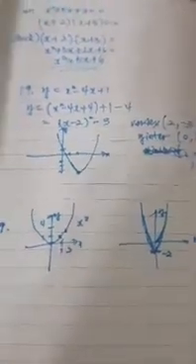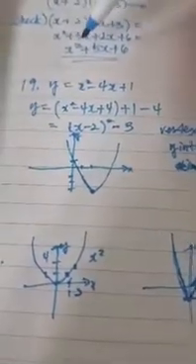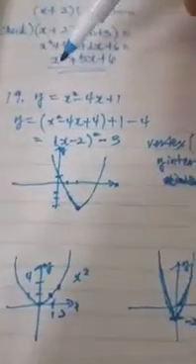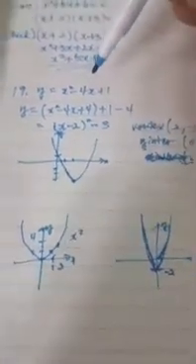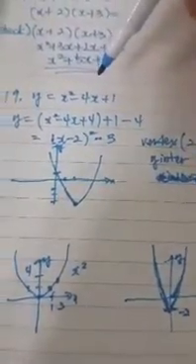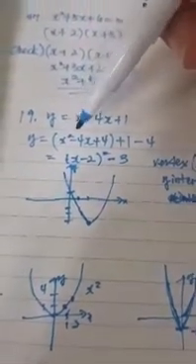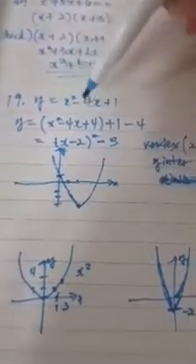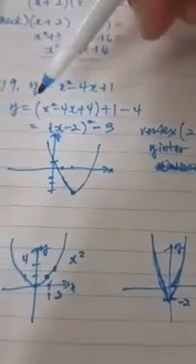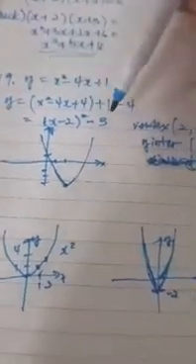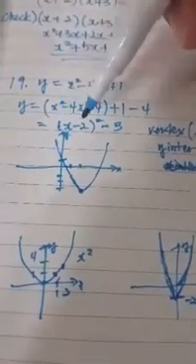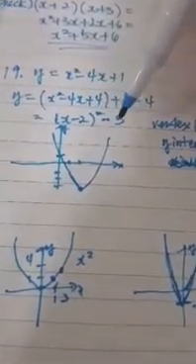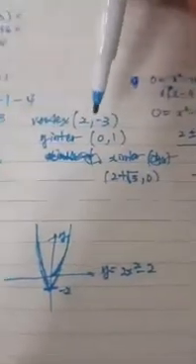The next number is number 19. It was to graph this function, y equals x squared minus 4x plus 1, and to graph this function, I first completed the square and found this related function, and I got (x minus 2) squared minus 3, and this gives us the vertex (2, negative 3).